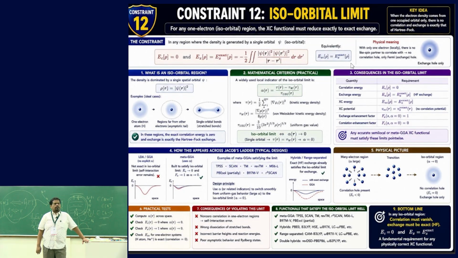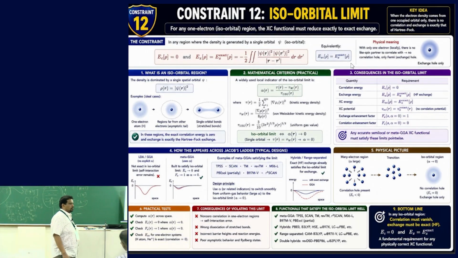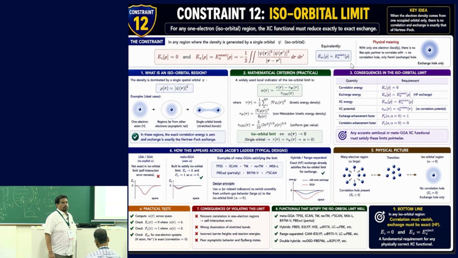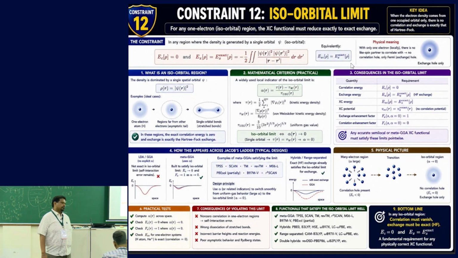There we never worried about these constants, but when you checked, it's satisfying everything. I'll not say it's the ground state. Somehow you are going to some quasi-excited state. That's what I'm saying.